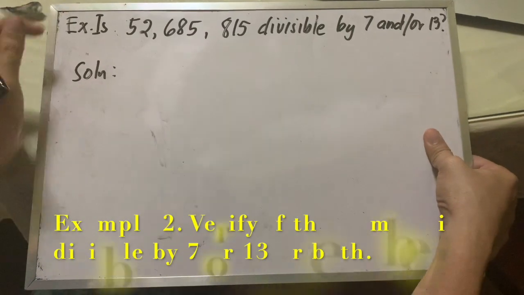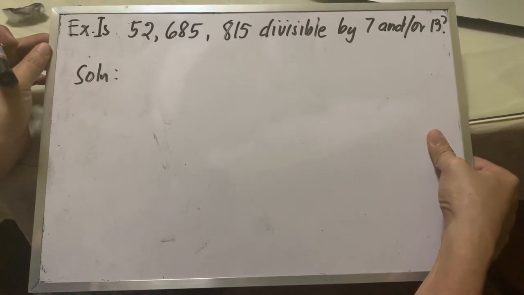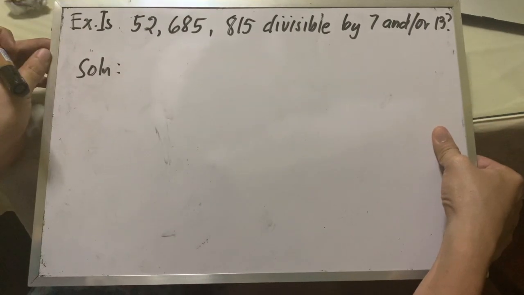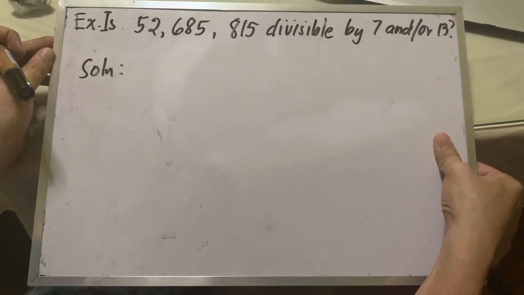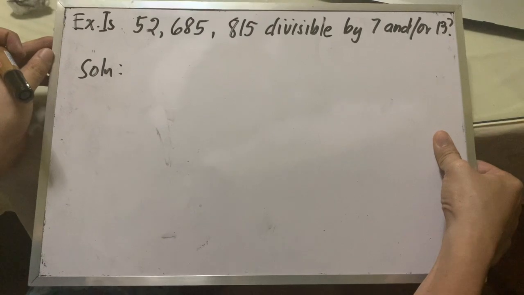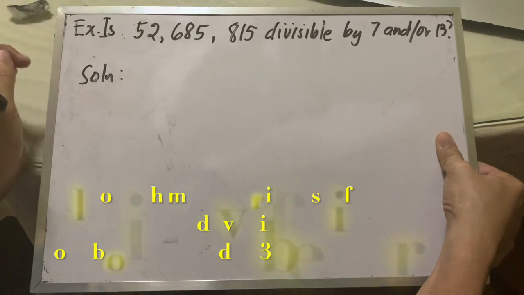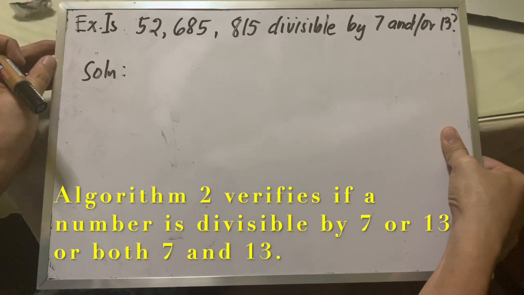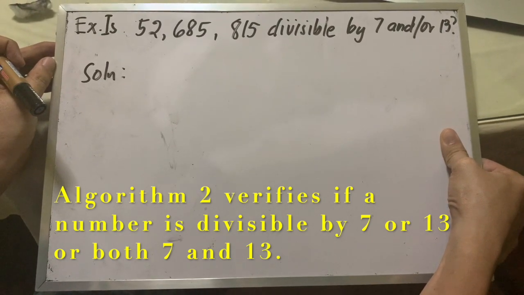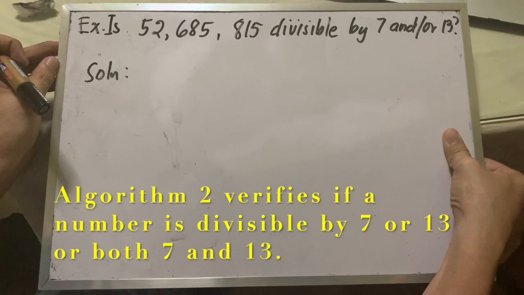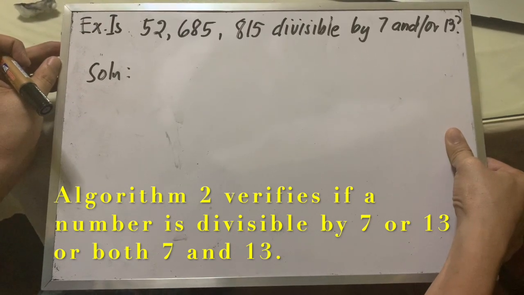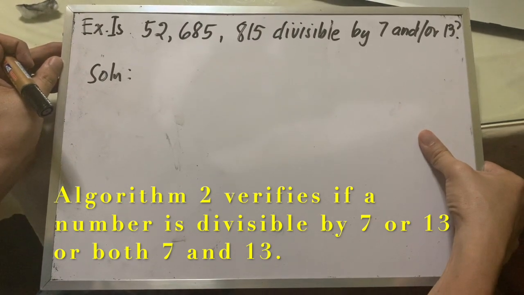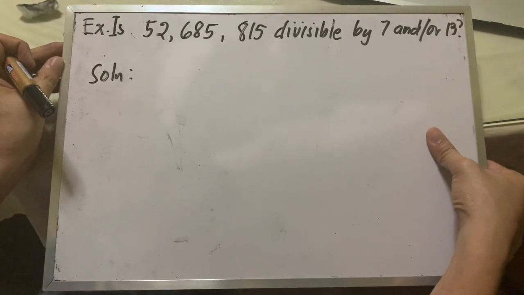Let's take this second example and verify if the given number is divisible by 7 and/or 13 using algorithm number 2. Again, algorithm number 2 can be used to verify if the given number is divisible by 7 or 13 or divisible by both 7 and 13, which means divisible by 91.